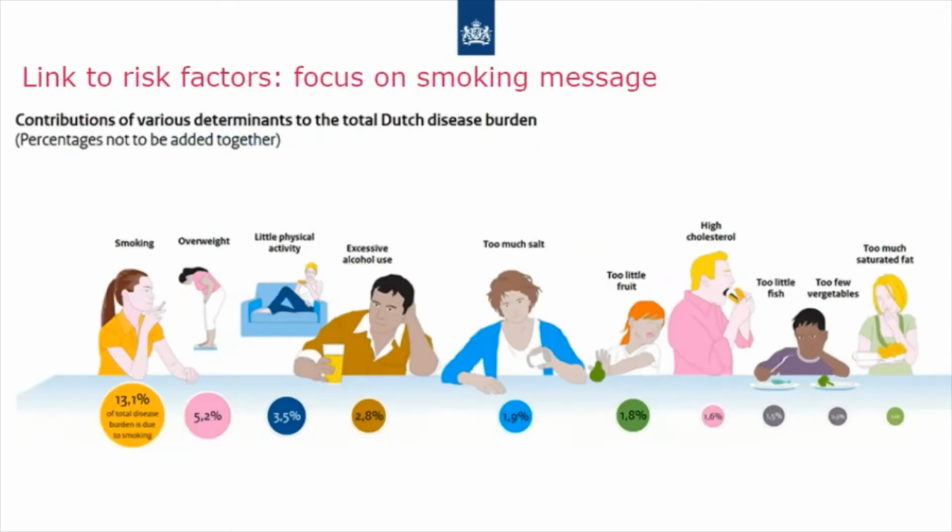And then a rather important one, especially for policymakers, because the ranking of diseases gives some kind of priority for the diseases, but of course policymakers also want to make some changes. This is one infographic that we made to link the risk factors to the underlying determinants of health.